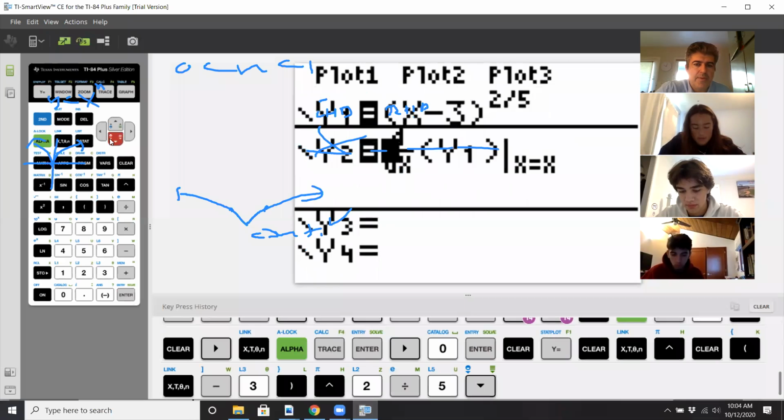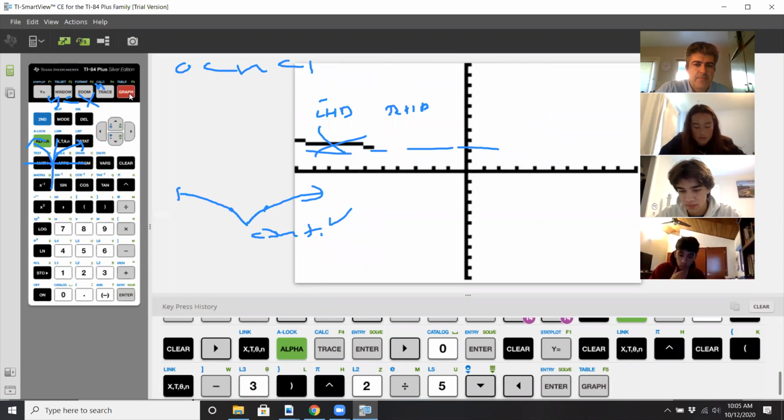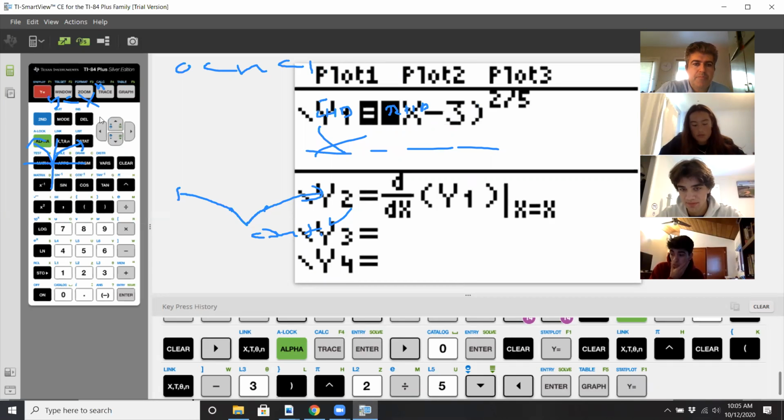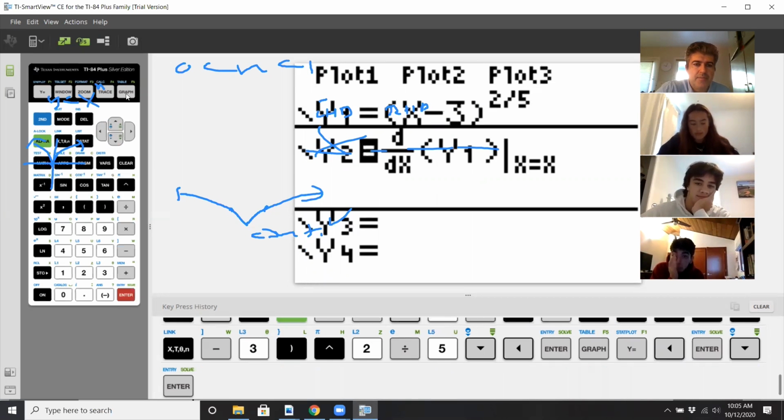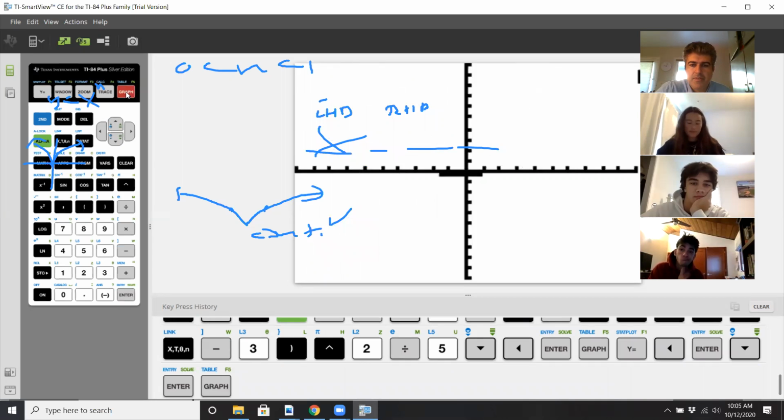And I'm going to turn off the derivative right now. I just want to look at the original graph. Yep, there we go. There's my original graph. Now I'm going to turn off the original graph and turn on the derivative. And here's how it's going to look. It's going to be a little slow. So it looks like it's drawing a rational function.